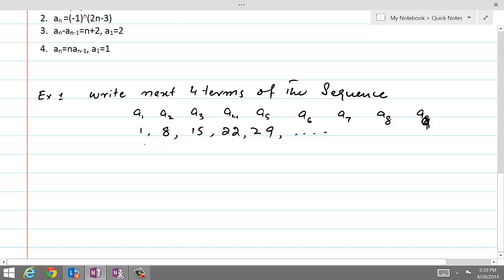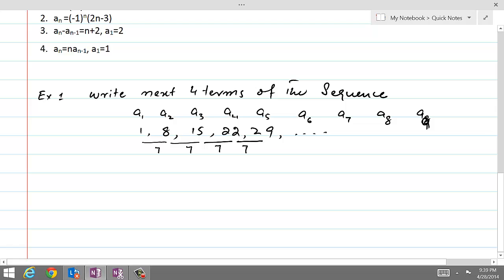And if we take a look at these two numbers, the difference is 7. Again, the difference is 7, and every time we have a difference of 7 between consecutive terms of the sequence.